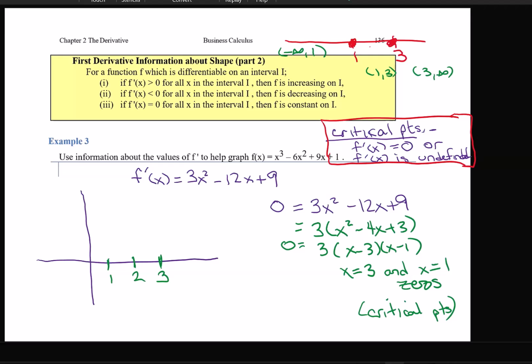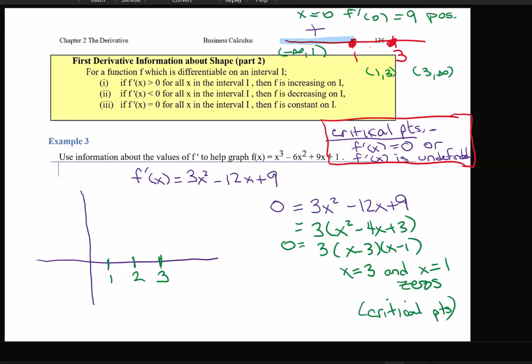Let's put in 0, because that's obviously the easiest one. When x equals 0, f prime of 0 is equal to 9, which is positive. That means my derivative is positive on this whole interval.